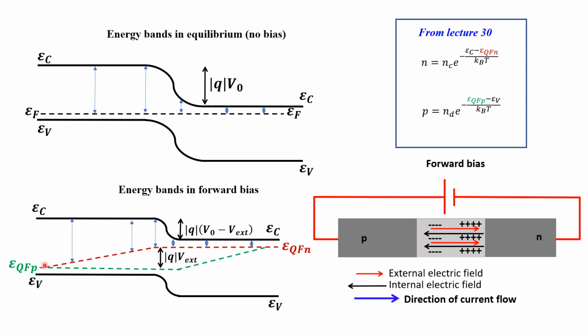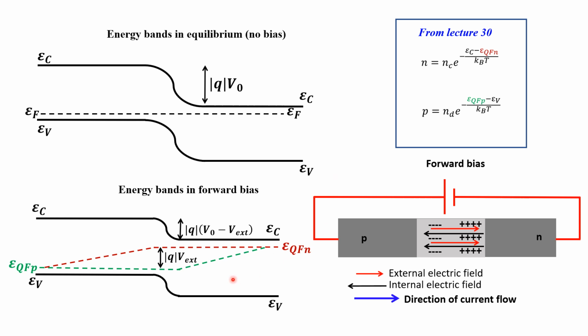And this point here is the point where this distance is equal to this distance here, which means that the concentration away from the depletion region in forward bias is the same as the concentration in equilibrium, because all new electrons, all extra electrons, recombined before reaching these regions far away from the depletion region.